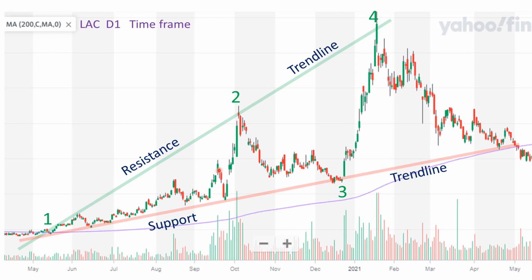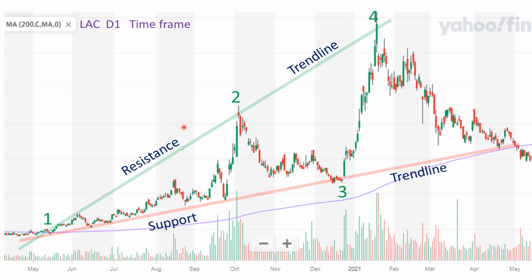Now here we have our two trend lines as resistance and support areas, and I indicate 4 stations, number 1, 2, 3, and 4, of which I'm going to use number 1 and 3 as entry points, and number 2 and 4 as exit points.